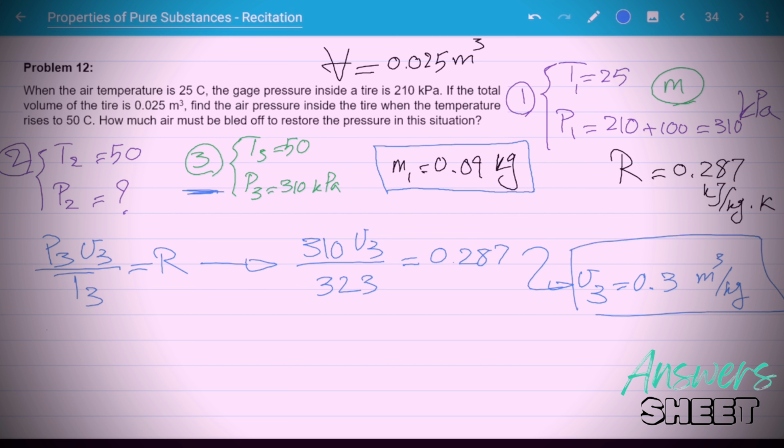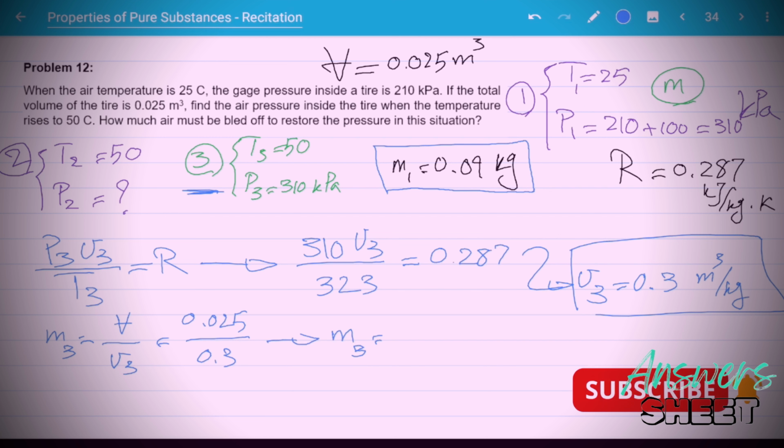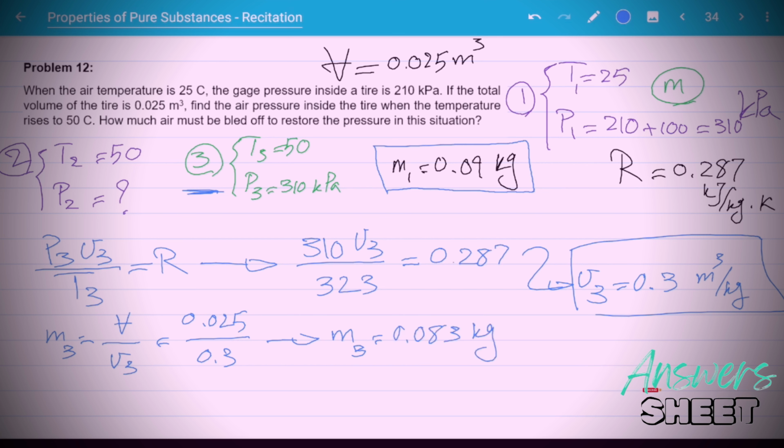Now again, we're going to use the same equation. Mass at the final state is the volume over specific volume, which is 0.025 over 0.3, gives us final mass is 0.083 kilograms.